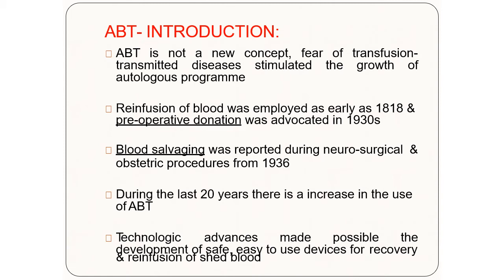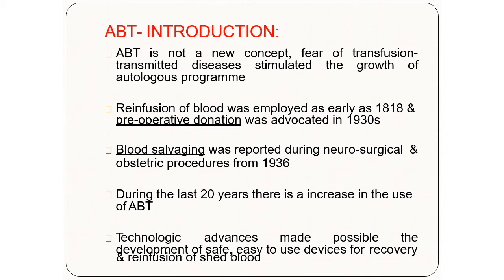So autologous blood transfusion is not a new concept. Why is it growing now? Because there is a constant fear of transfusion diseases, and autologous blood transfusion clearly prevents that. It was employed as early as 1818, and pre-operative donation was advocated in the 1930s.